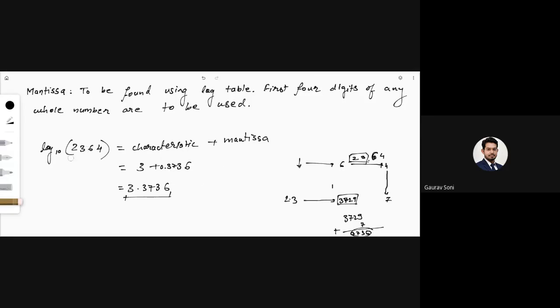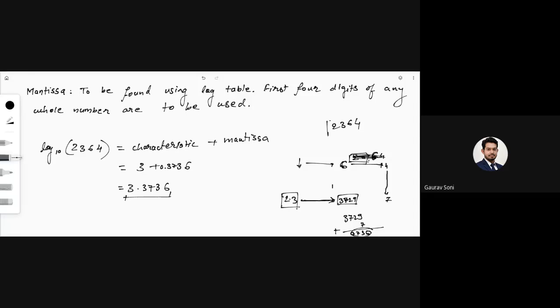Now I want to look at the mantissa. For the mantissa, in this given number, you find in the table, first of all, check out the row for the first two digits, 2, 3. Then you go horizontally in the column of 6, because the number I'm calculating is 2364.